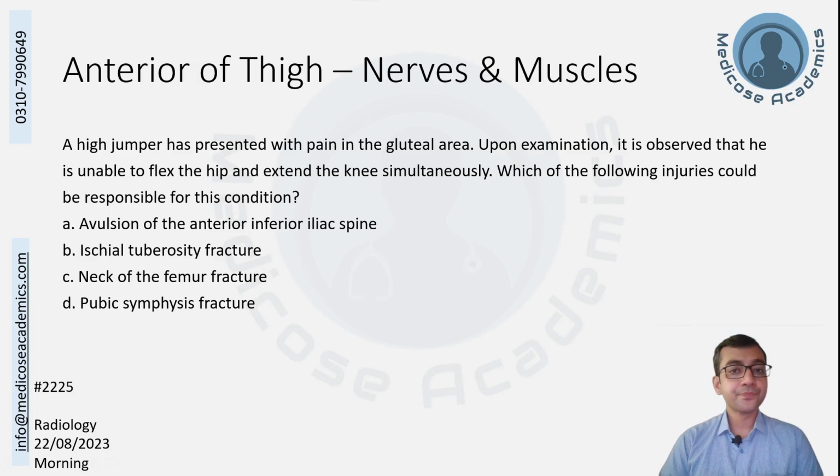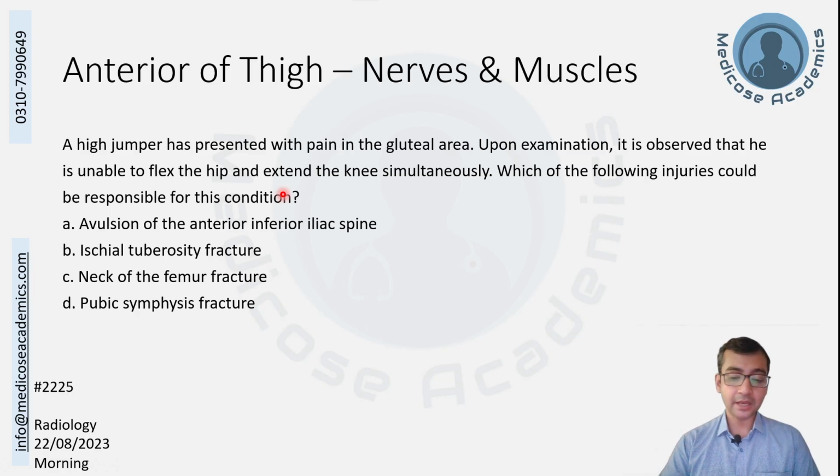A high jumper presents with pain in the gluteal region. On examination, it is observed that he is unable to flex the hip and extend the knee simultaneously. Again, the same question regarding rectus femoris. Which of the following injuries could be responsible for this condition? Now, you have not been asked straightforwardly about rectus femoris, rather you have been asked about its attachment.